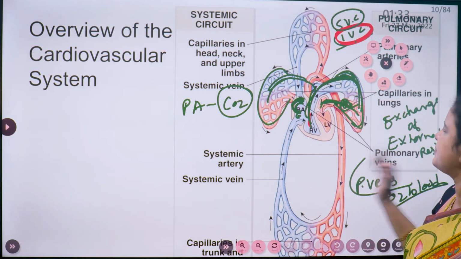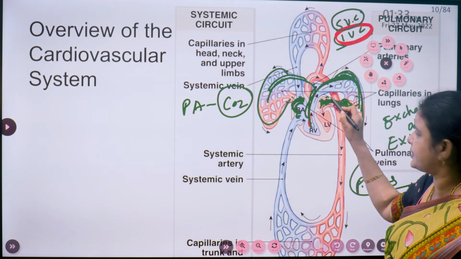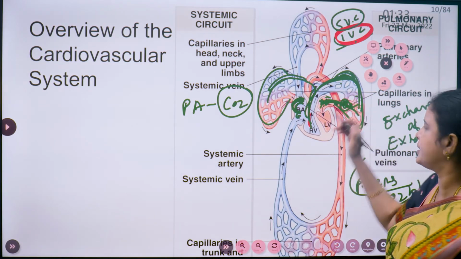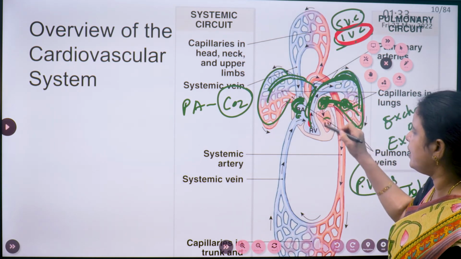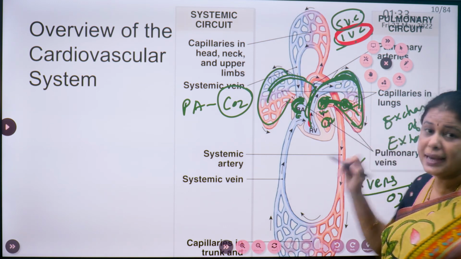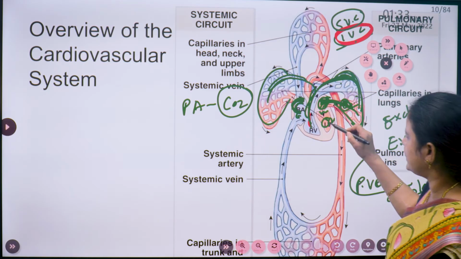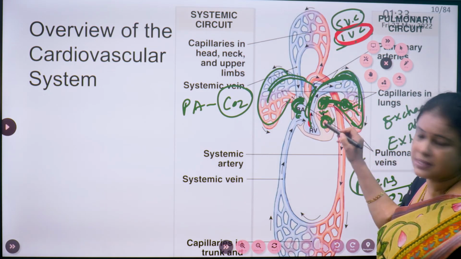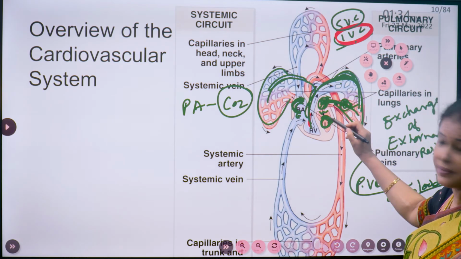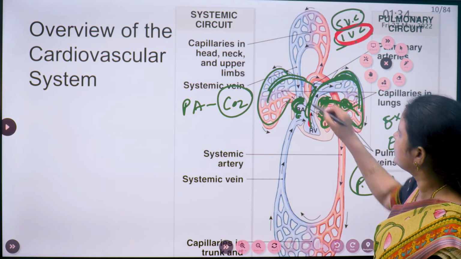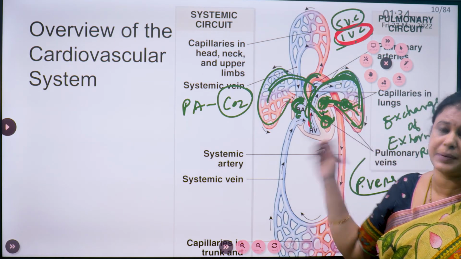So, coming to the systemic circulation. Once the oxygenated blood enters the left atrium, it is pumped into the left ventricle through the bicuspid valve, or mitral valve. After the ventricle receives the oxygenated blood, from here, through the aorta, it will be pumped out to all the parts of the body.